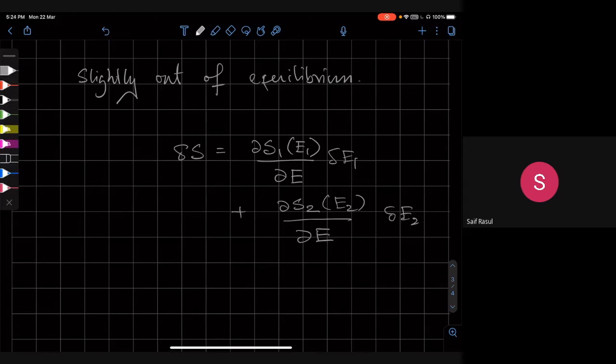The notation here means that we take the derivative with respect to its argument E and set it equal to E1.